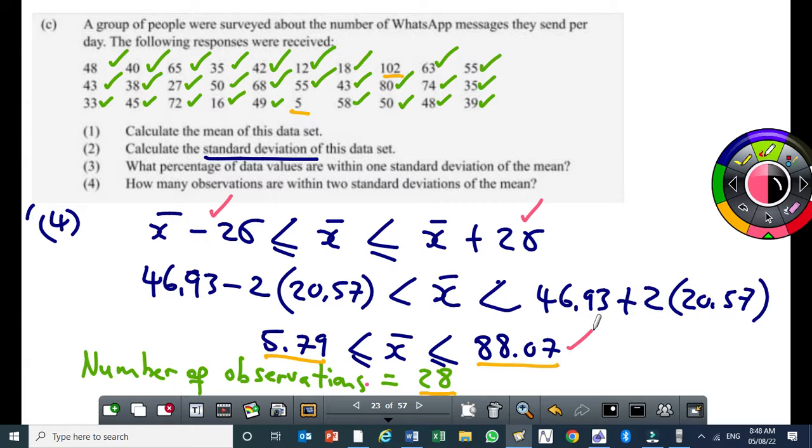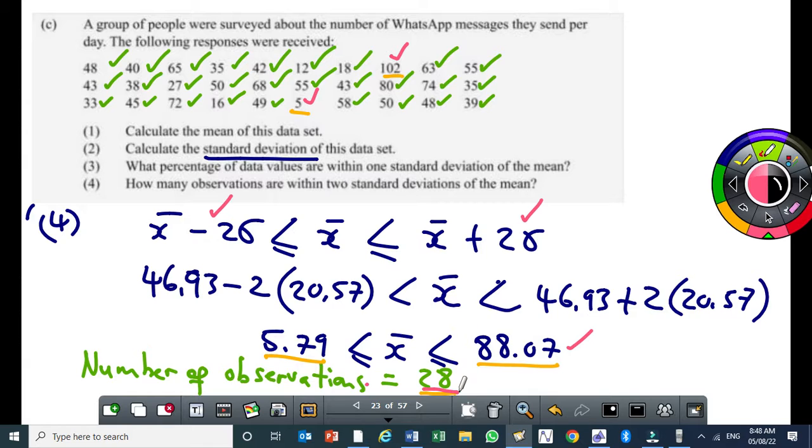Now if you do the counting, the only values which won't be in this interval are going to be this 102 and that 5. Those are the only ones. The rest are going to fall in this interval. So the total number of observations within 2 standard deviations is going to be 28.